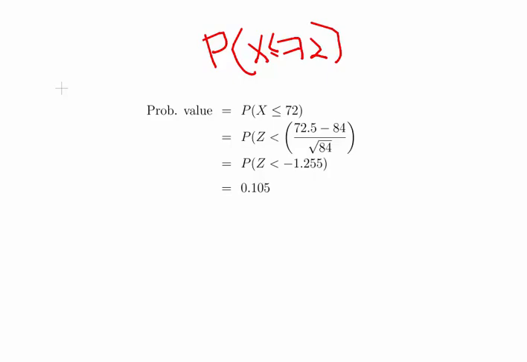Equally it would probably be correct to go with less than; it's really just a rounding error. Just use one and stick with it. So the probability of x less than or equal to 72.